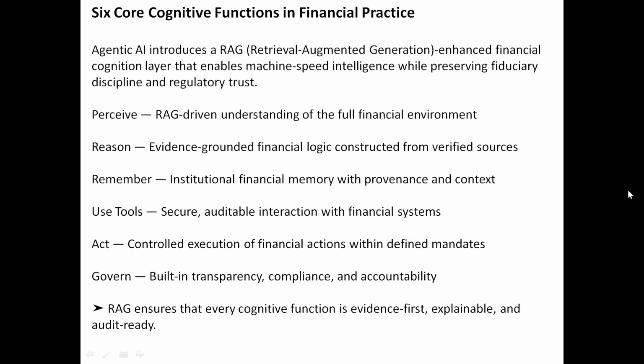These are basically the six core functions, and they are universally applicable to any industry and any field: perceive, reason, remember, act, govern, and learn are the six core elements you can utilize.